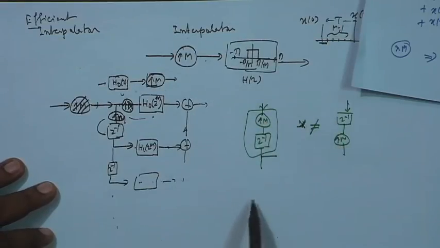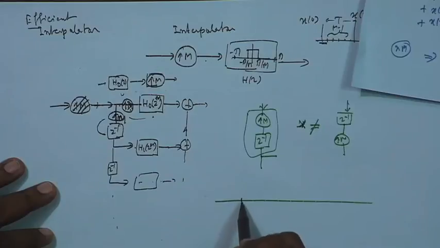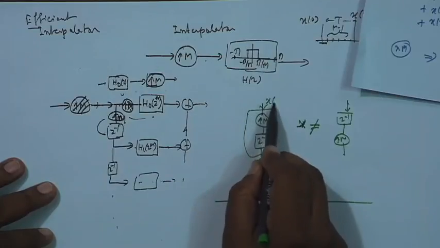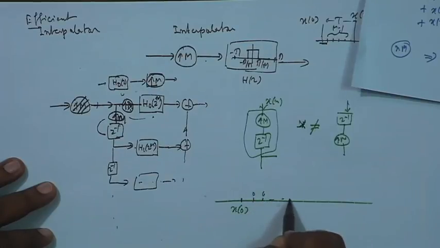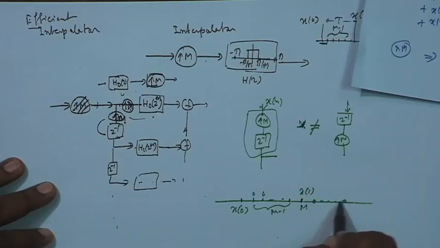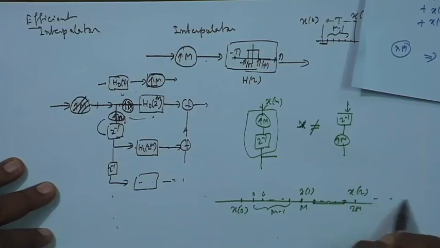Very simply, why? Because suppose I have got a sequence coming here, say x n. If I expand it, I will have x 0, then 0 0 dot dot dot, zeros, m minus 1, then x 1, which will be the mth sample, then 0 0 0, then the 2mth sample will be x 2 dot dot dot.